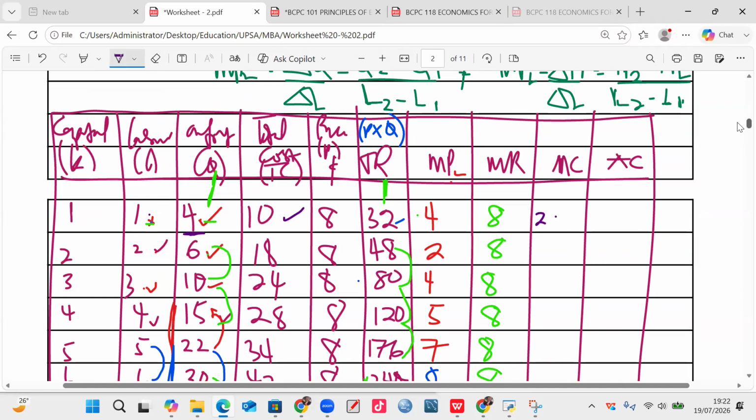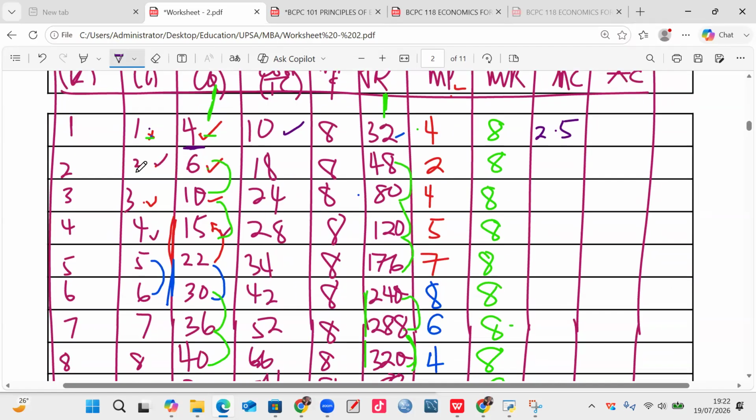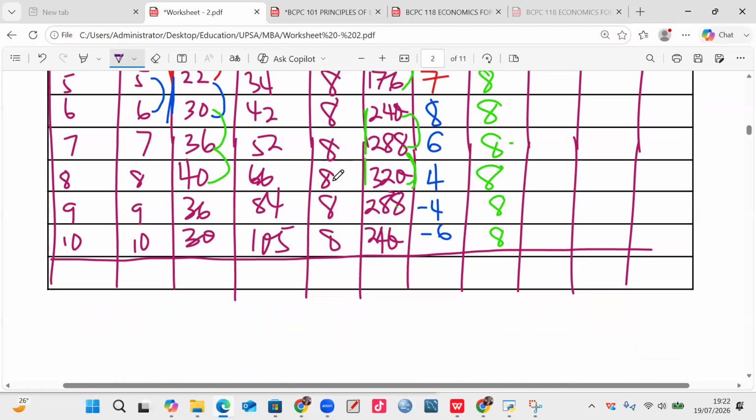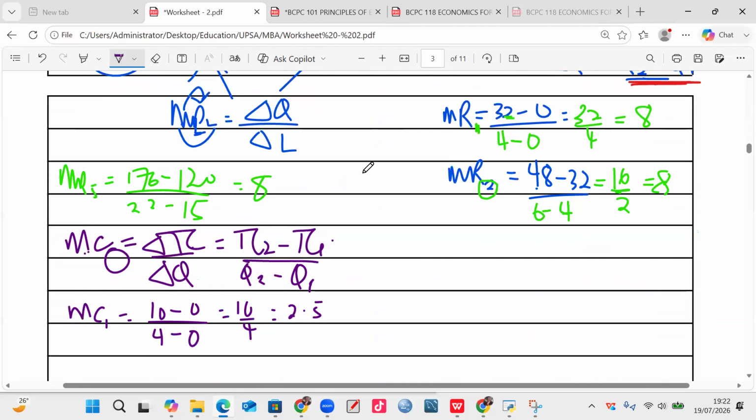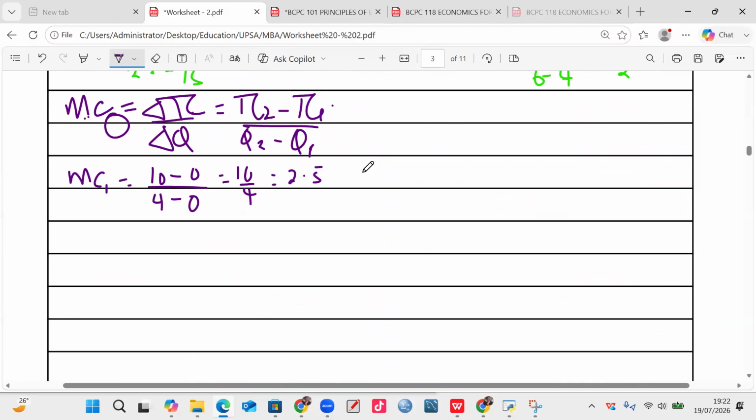You're going to meet this again at level 300, so make sure you understand it. Let's move on to the next one. In the same way, at labor 2, total cost is 18, previous is 10. When I finish marginal costs, I'll not do it again.